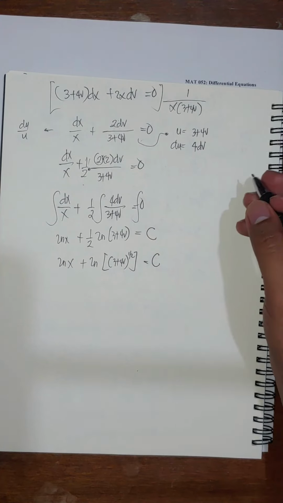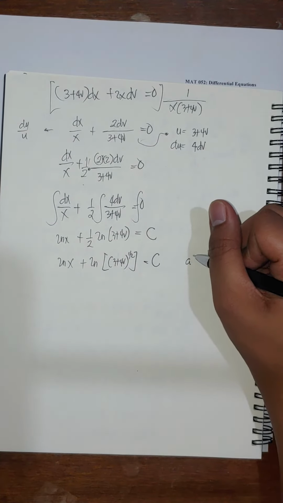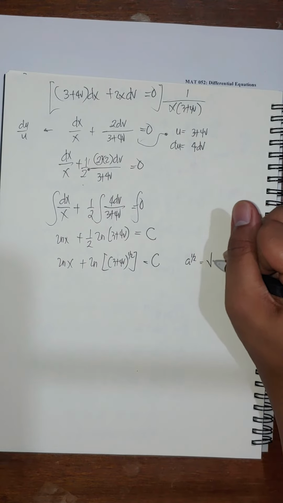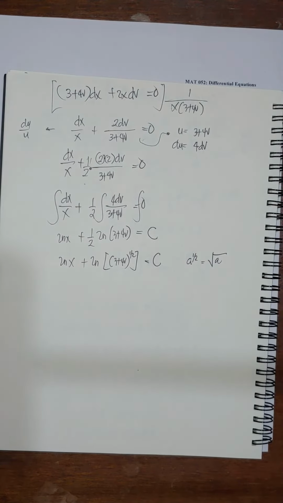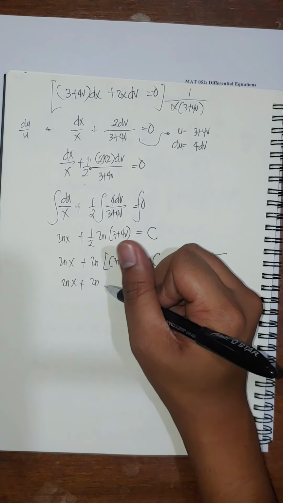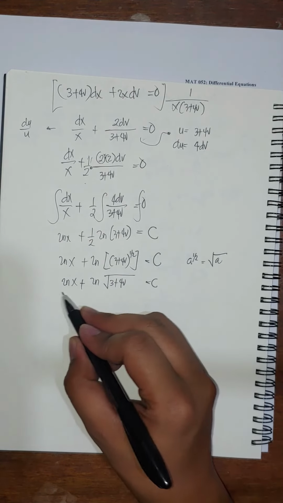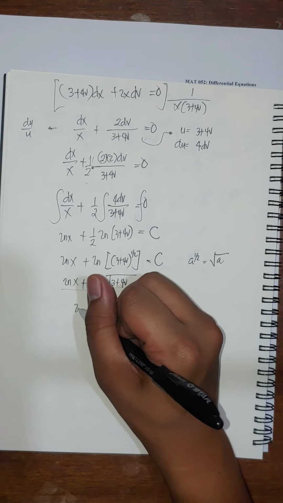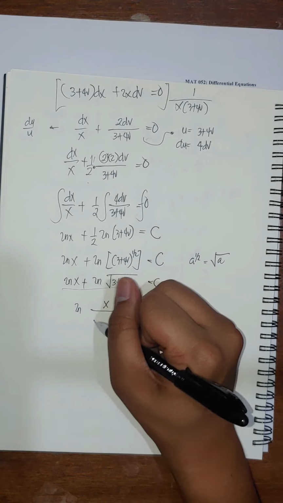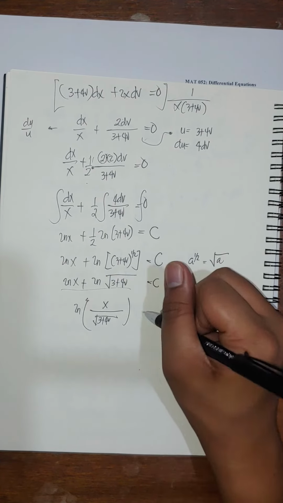We can further rewrite this. Anything raised to 1/2, any number raised to 1/2 is just equal to square root of that number. So this becomes ln x plus ln square root of 3 plus 4v equals c. So na natural logarithmic nga relationship, this becomes x times square root of 3 plus 4v equals c.